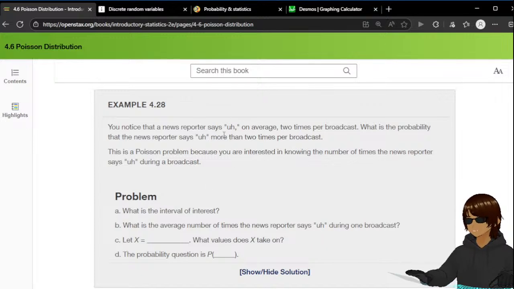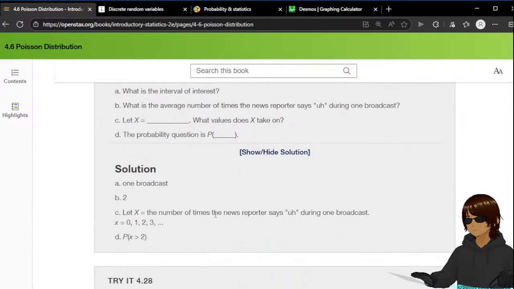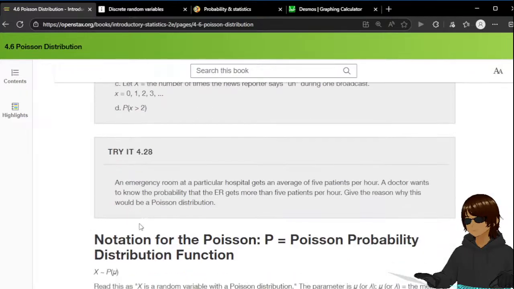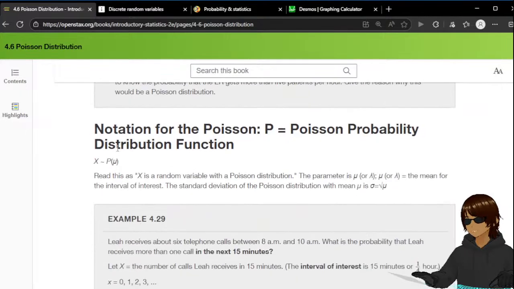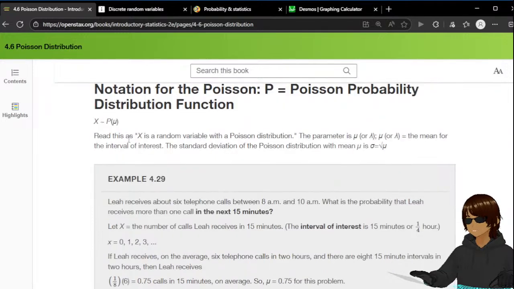Let x be the number of, what do you call this, filler word, per broadcast. Probability question is P(x more than 2). Notation is like this. Probability mu. But sometimes people use lambda.